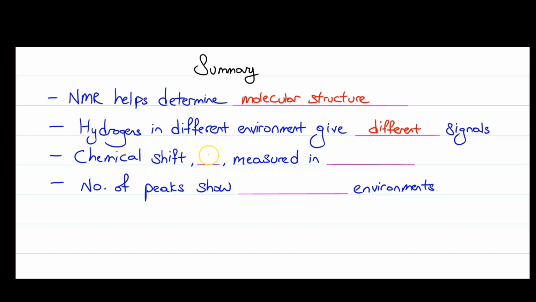Chemical shift delta is measured in ppm, parts per million, and the number of peaks shows the proton environments. So in this introduction video, we have learned why chemists use proton NMR, what the spectrum represents, what chemical shift means, and why the number of peaks gives us an important clue about molecular structure.